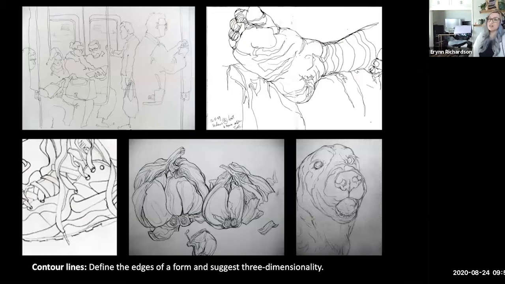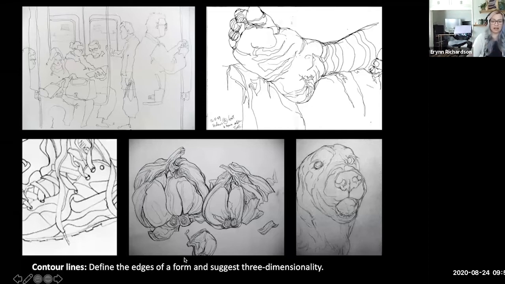Contour lines. So if anyone's taken a drawing class, you are probably familiar with contour lines. Contour lines essentially are outlines. A contour is the outline of an object, so a contour line is something that defines the outer edge of an object. They can sometimes suggest form, but not necessarily.